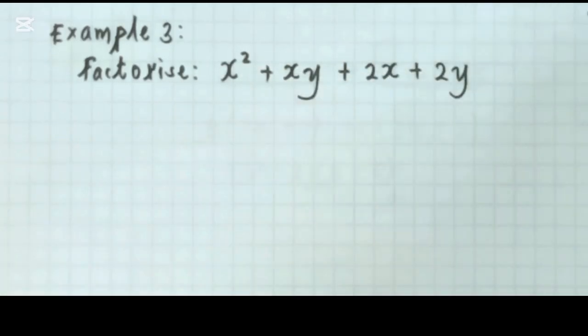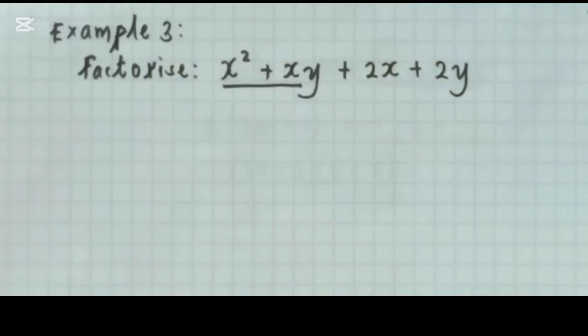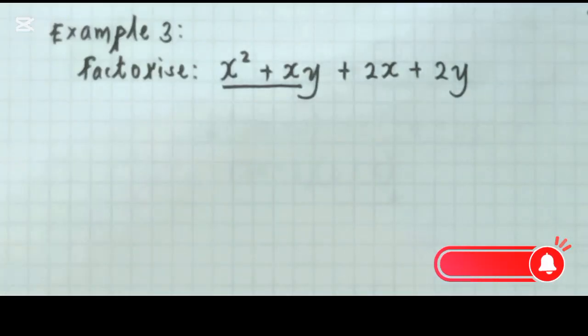And you can see that across the board. So basically what we're going to do is try and pair the terms in the expression into two. We're going to take the first pair and factorize it on its own, and then take the second pair and factorize it on its own as well, to see if we end up having any identical terms within the brackets.